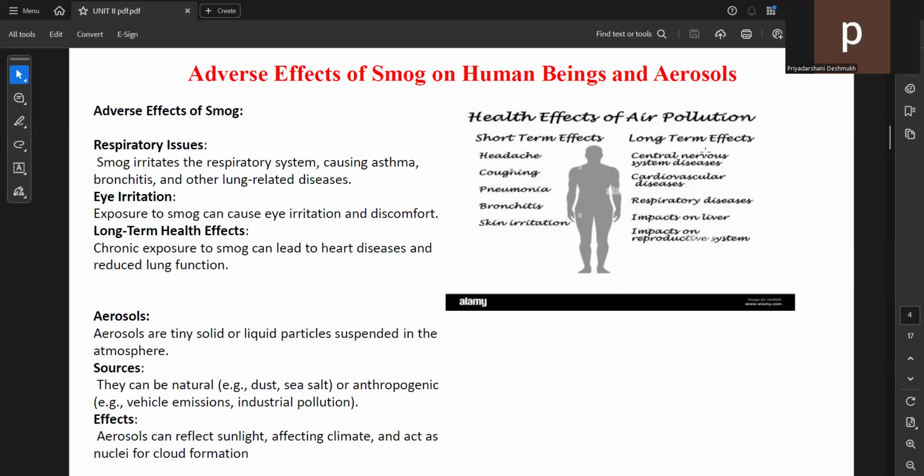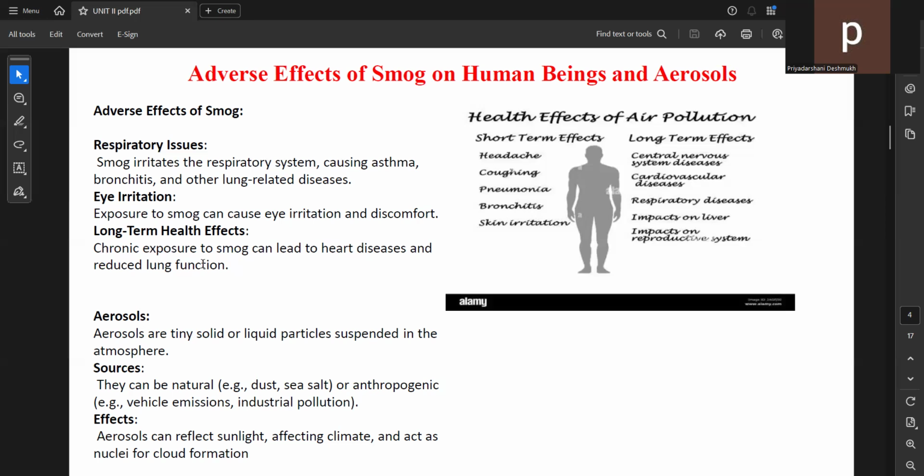These are the long time effects: central nervous system diseases, cardiovascular disease, respiratory disease, impact on the liver, and impact on the reproductive system is also seen. So these are the long term and the short term effects of the air pollution. The main ones are eye irritation and respiratory issues.